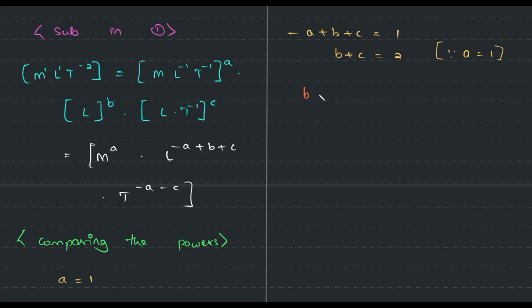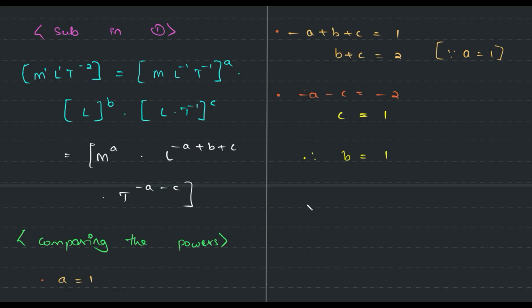And then when we compare the T value, minus A minus C is equal to minus 2. So C will be equal to what? C will be equal to, this is 1, right? So that will be minus 1, so 1. And therefore, B is equal to 1.